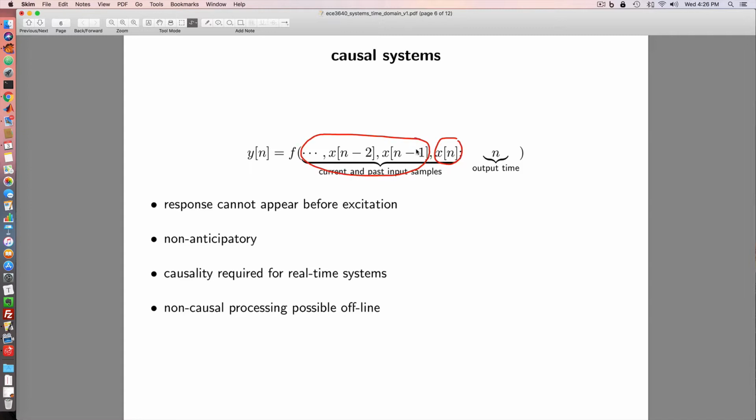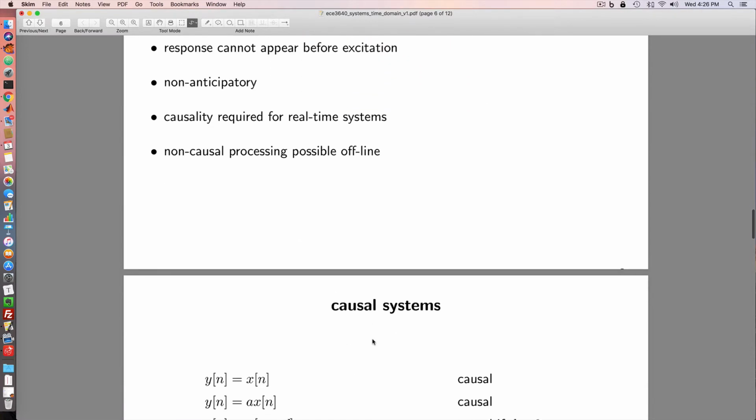But notice that it doesn't depend on any future samples. In that case, the system would be causal, or sometimes it's referred to as non-anticipatory. In causal signal processing, you can't observe the response before the excitation occurs. And so all of these sorts of things are relevant with causal systems.